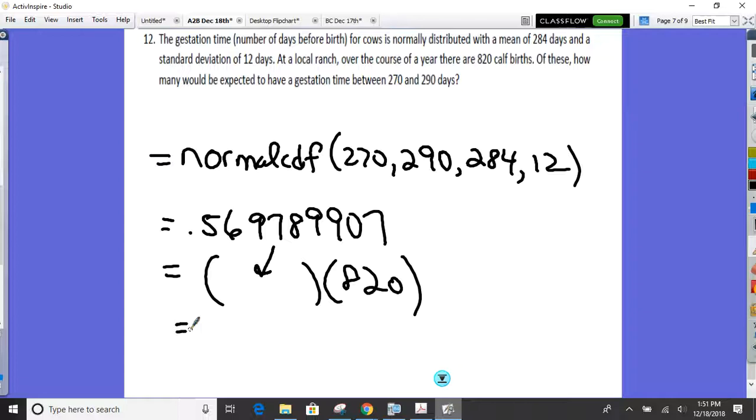About, make sure we get whole births, please. Not a leg or two. About 467 births.